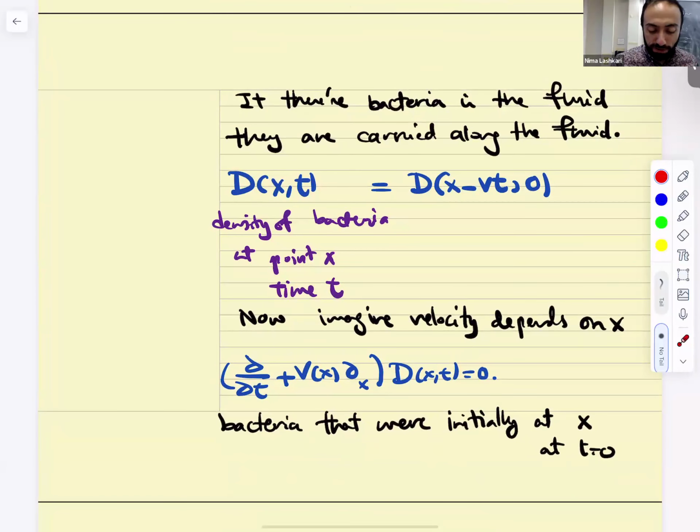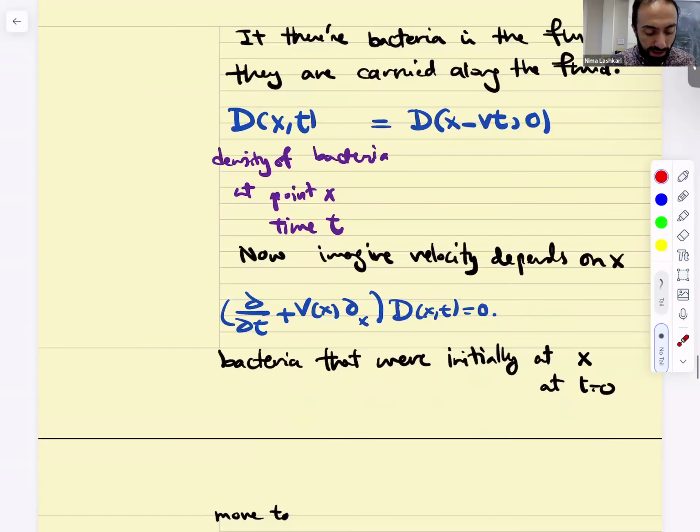The first part is what I said: if the density of bacteria at point x at time t is D of x and t, at time 0 this is what the density was, if the velocity is independent of position. If velocity depends on x, D of x and t will satisfy this PDE. This is just like bacteria being displaced. So far, they're not splitting.